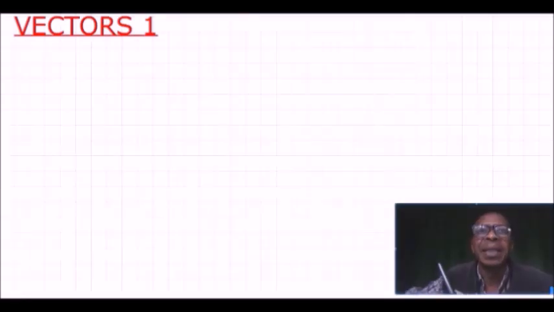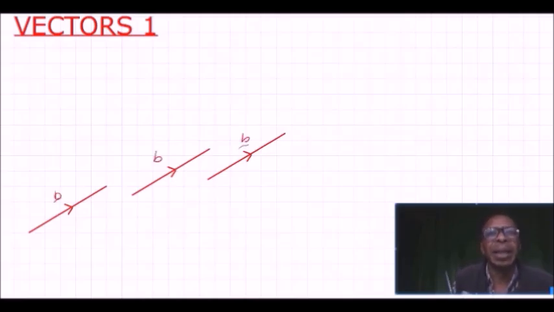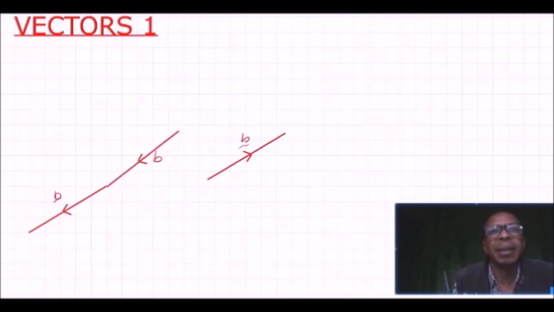When you have a vector, you can draw a vector here and label it B. If we duplicate that vector, we can have another B. Now suppose we rearrange our vectors like this.